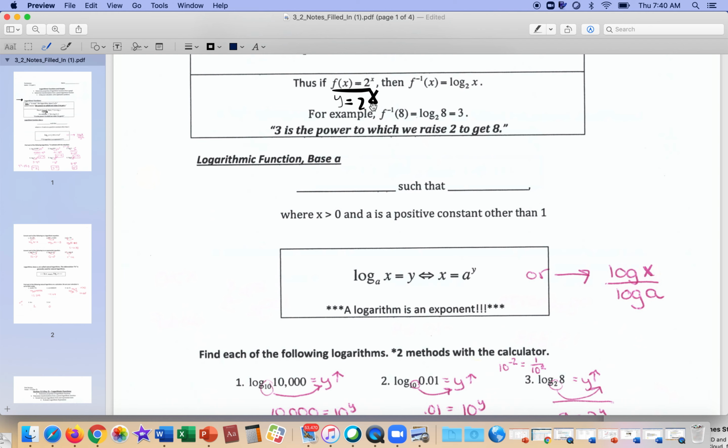So if we have y equals 2 to the x, the inverse of this is log base 2 of x. Now for example, if you ask what is log base 2 of 8, the answer is 3, right?